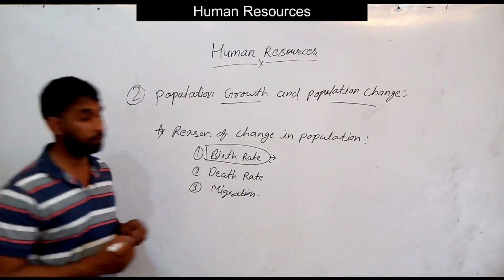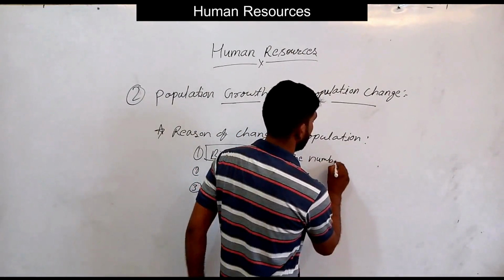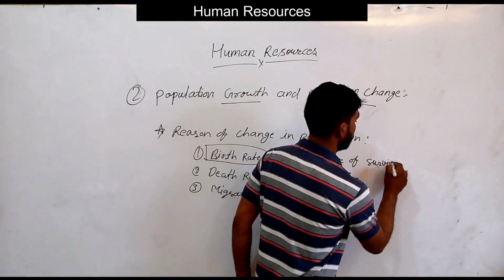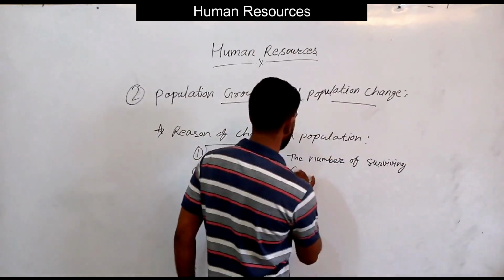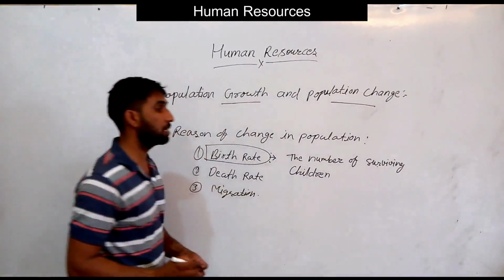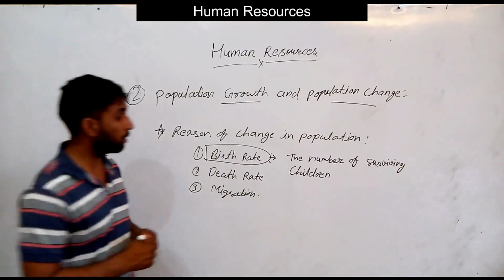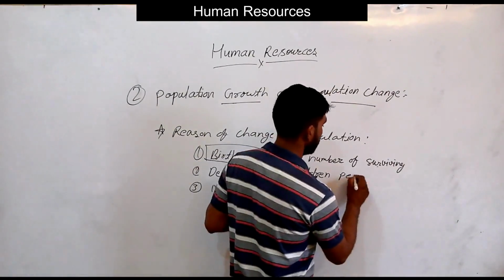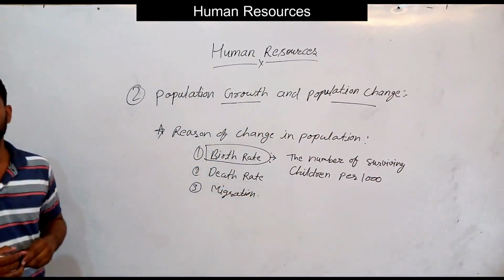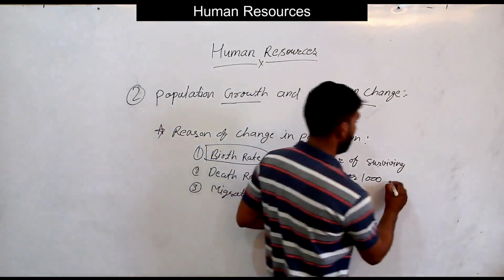The number of surviving children per thousand, in a particular place and period of time, in 1 year.